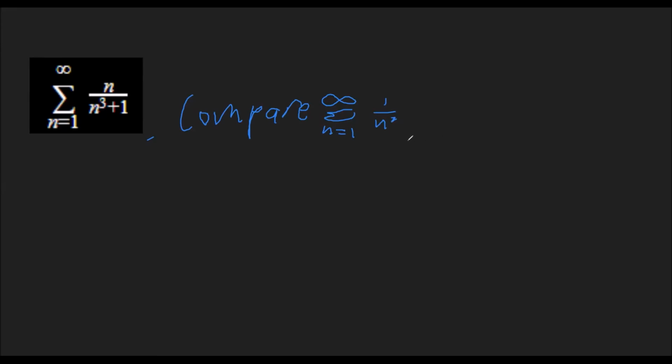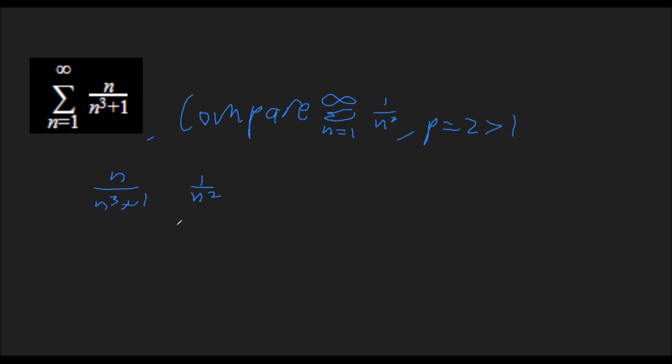Now we can employ the p-series test. We can say that p is equal to 2. And as you know, 2 is greater than 1. And so this series over here converges. So now we have to compare the functions to see which one is greater or less than. So n over n cubed plus 1 compared to 1 over n squared.